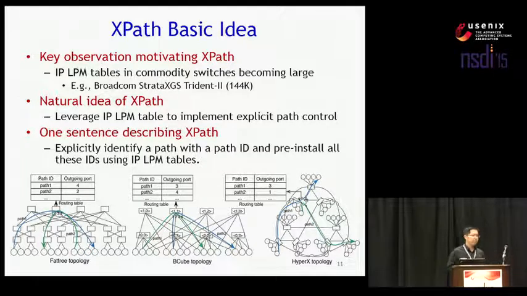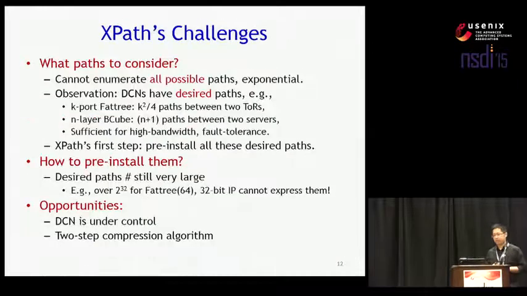Although the idea seems simple, the design of XPath has several challenges. The first question is that there are many paths in the network, but what paths should XPath consider? It's true that we cannot enumerate all the possible paths because the number is exponential. Fortunately, most existing data centers have desired paths, which are not all the possible paths.